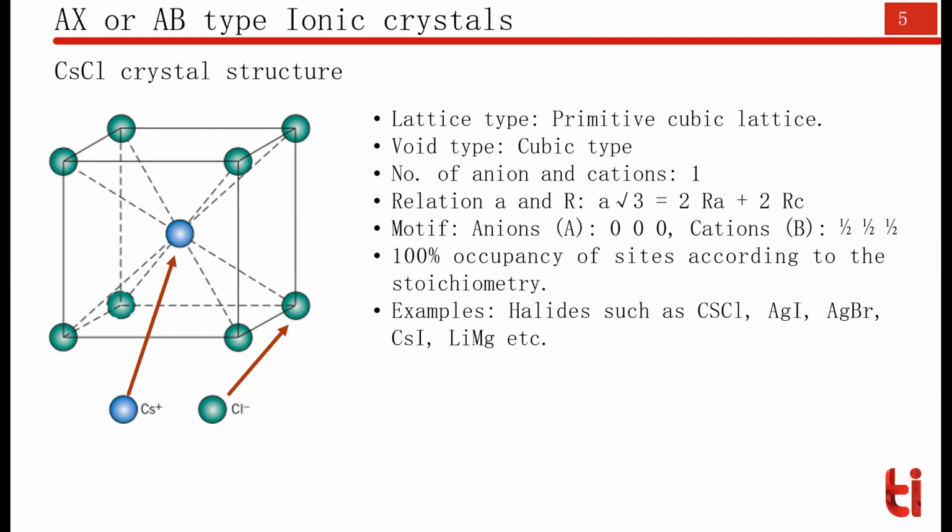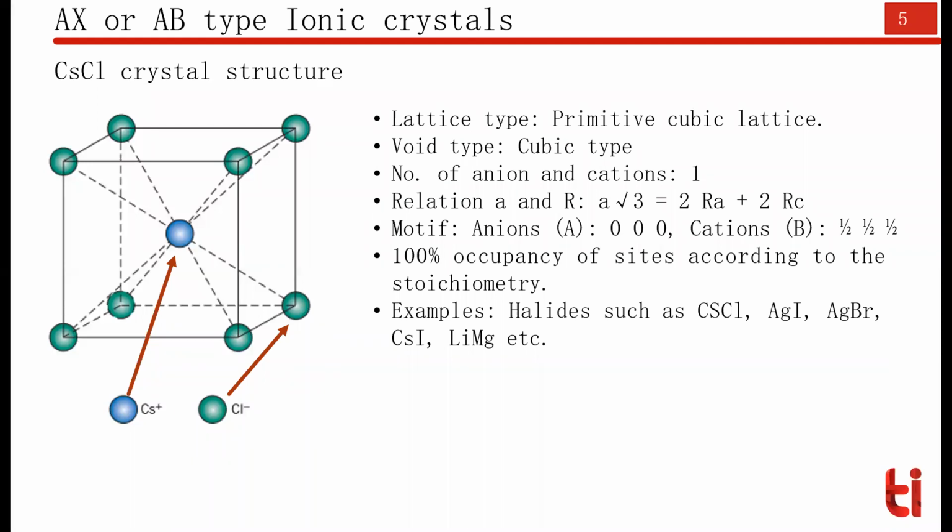The most common one is called the CsCl structure, where the positive Cs+ cations occupy the void site, which lies at the center of the unit cell. Now, if you look along the dotted line, you can see the coordination number of Cs+ is actually 8.